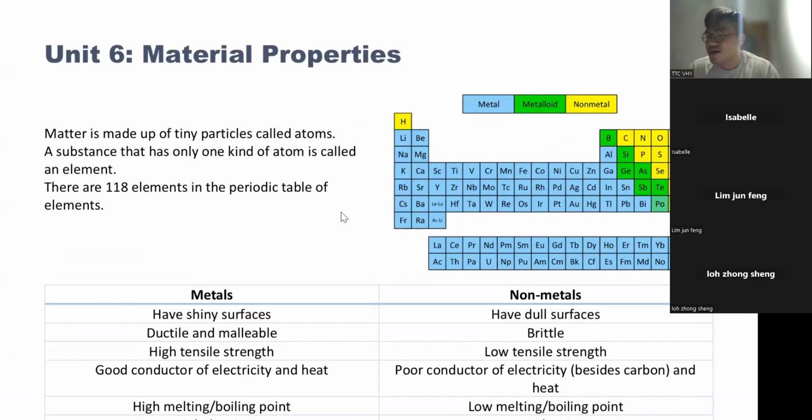Okay, just remember that boys are always on the left. Boys are metals. Girls are always on the right because girls are non-metal. Just remember this, guys.